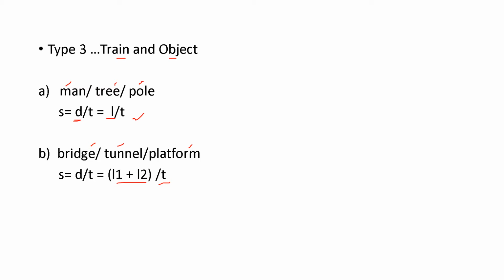So L1 plus L2 by t. This is the way you find the speed when a train and some object are involved. So for man, tree or pole, it is L by T, and for bridge, tunnel and platform, it is L1 plus L2, that is length of the train plus length of the bridge or tunnel or platform, divided by T.